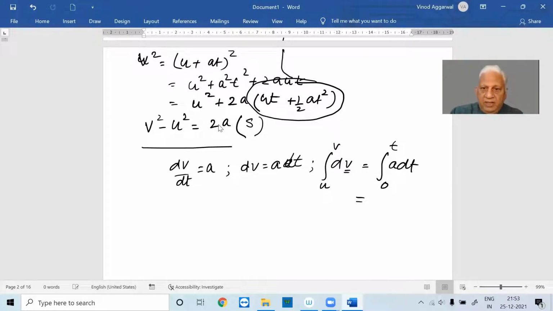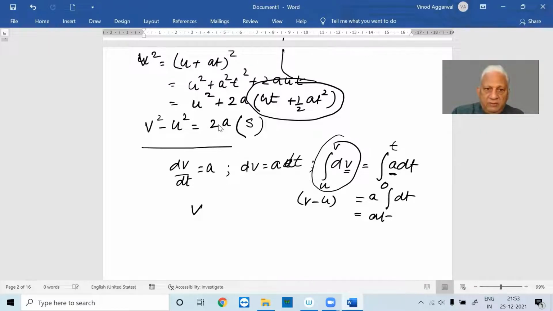Now, if we assume a is constant, we can take a outside. This becomes at, and this integration would be v minus u. So what we achieve is v minus u is equal to at. This is the first formula that we saw, right?